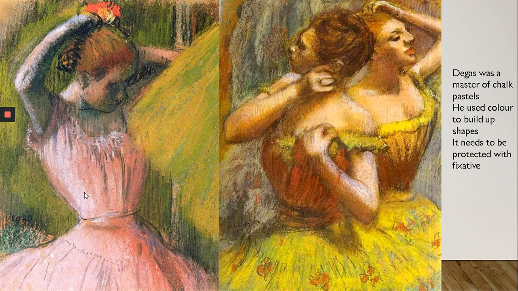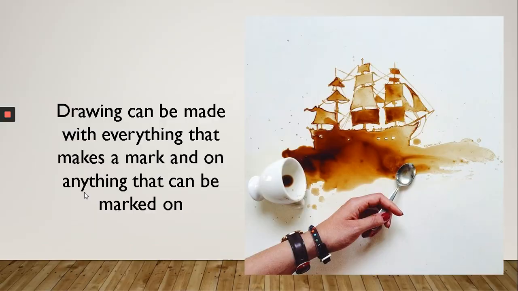But you can use the cheap aerosol hairsprays to spray your work so that it doesn't smudge. Drawing can be made with anything that makes a mark on anything that can be marked on. So you can literally draw on a dress or a t-shirt or anything like that.